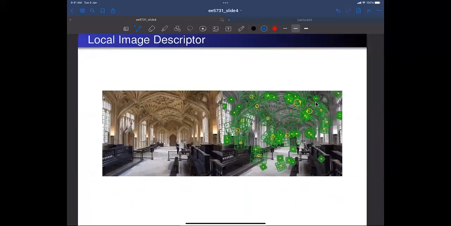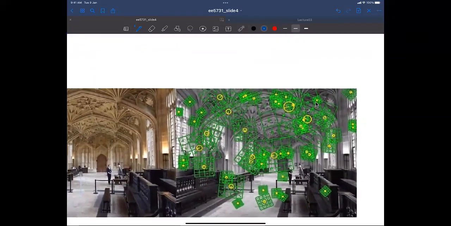So in the end, you will have this. That will be your key point descriptors, the visualization of your descriptors. Oh, by the way, this is one of the tasks in the assignment.